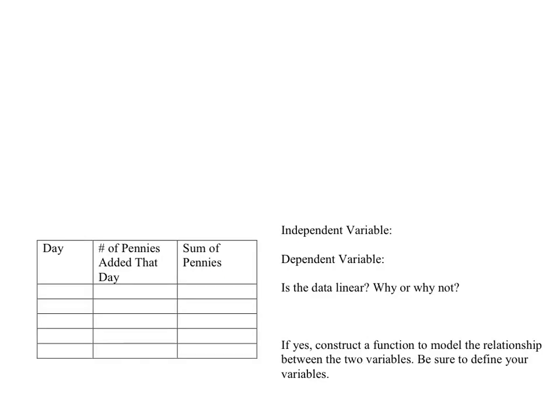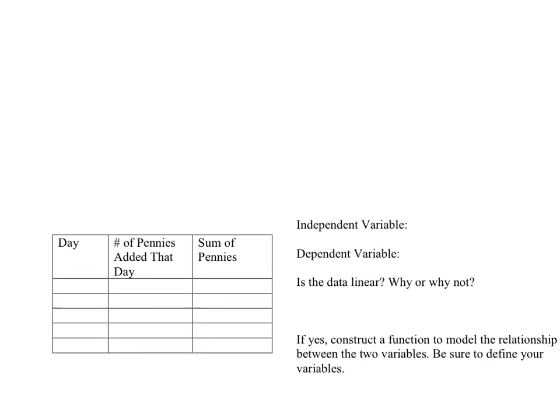This is just a continuation of what was going on up in here. And we can just look at the day numbers that we can put on here. 1, 2, 3, 4, 5. And the number of pennies added that day, well, 2 pennies that first day, 2 pennies the second day, 2 the third, 2, and then 2.